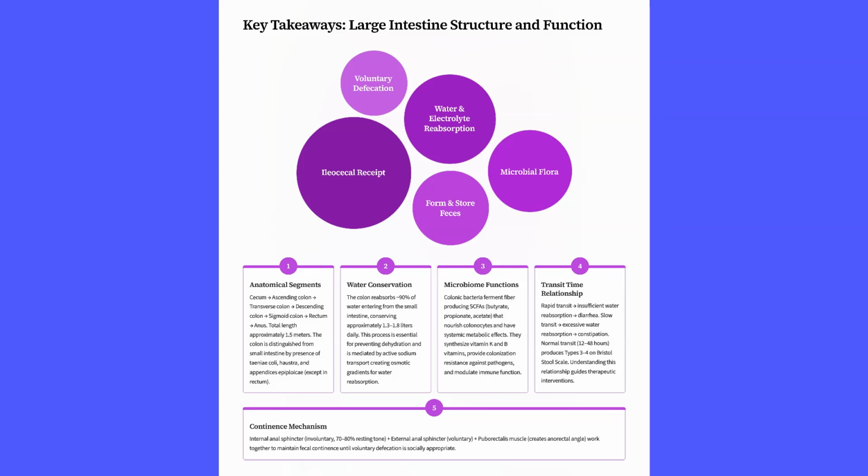The microbiome plays essential roles in fermentation, vitamin synthesis, and immune function. Transit time directly affects stool consistency, with rapid transit causing diarrhea and slow transit causing constipation. The continence mechanism involves coordinated function of the internal and external anal sphincters and puborectalis muscle.